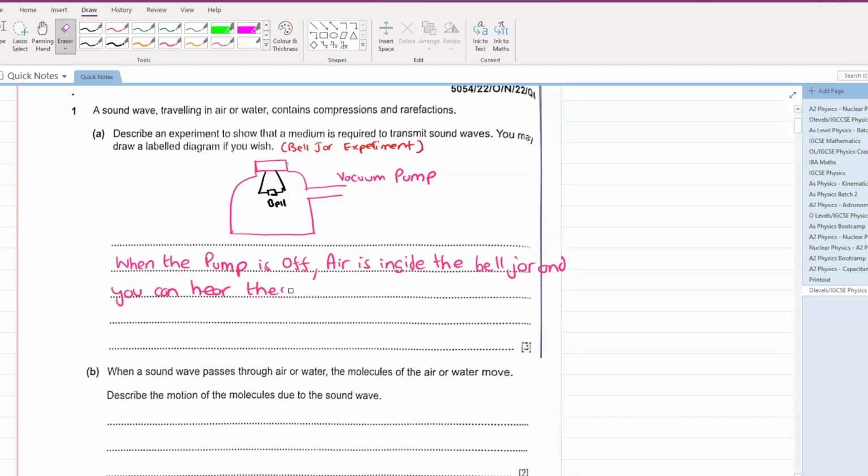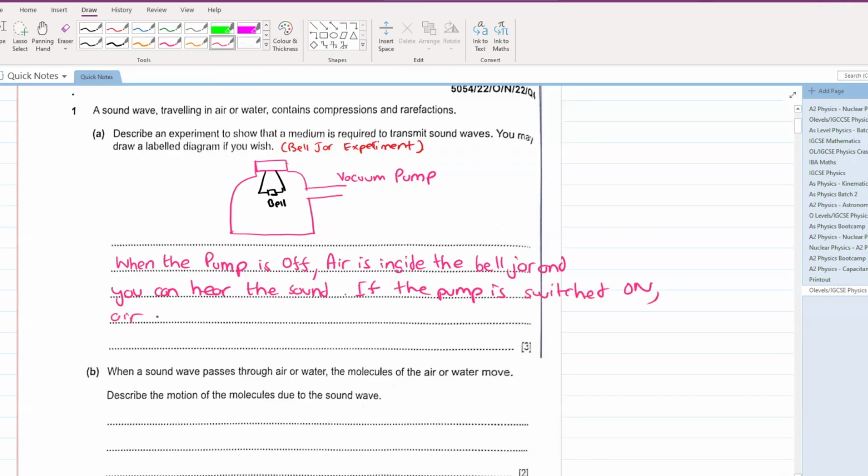However, if the pump is switched on, what will happen?